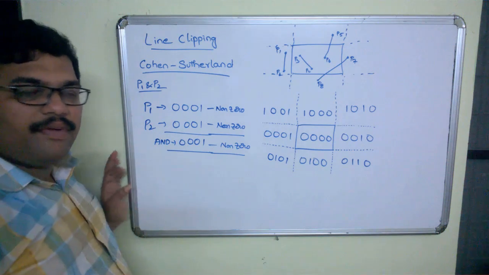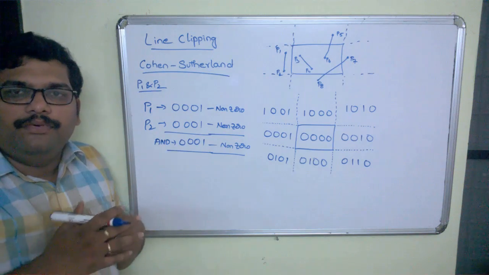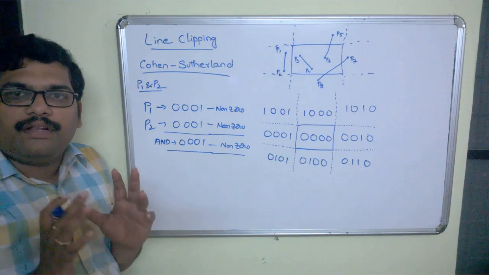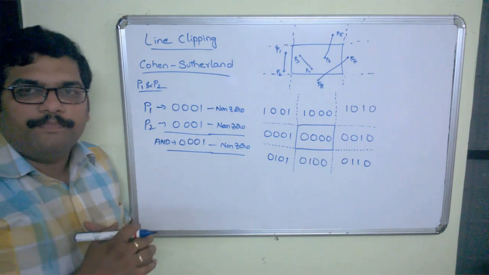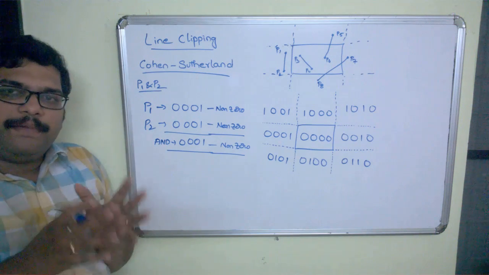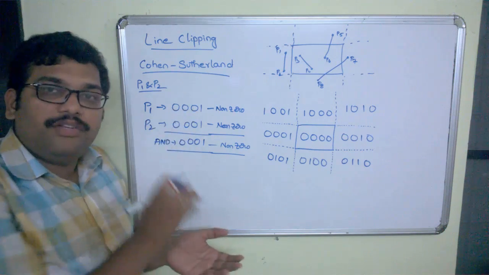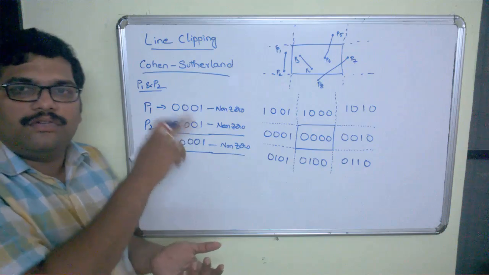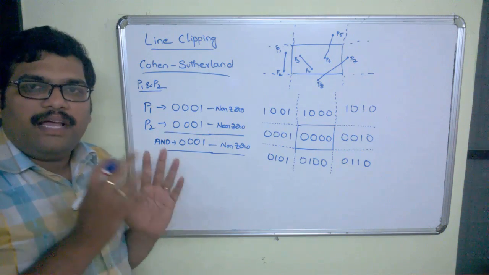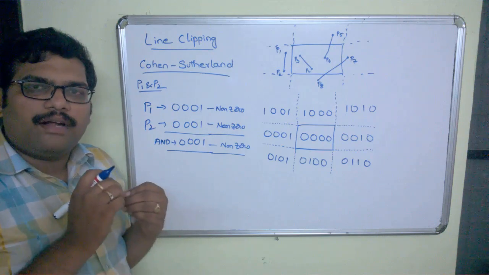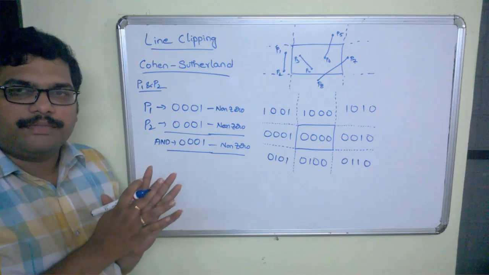So once again let us clarify that. First consider the line P1, P2. First identify the region code for P1 and the region code for P2. If both P1 and P2 are non-zero codes, that means these are non-zeros, because 0001 and 0001. So here both are non-zeros. Apply the AND operation. For every line we will apply the AND operation.